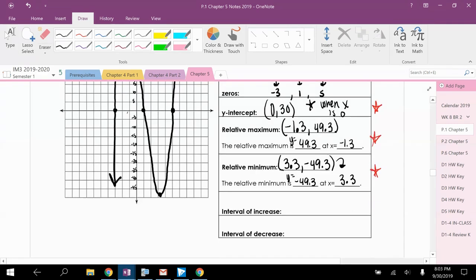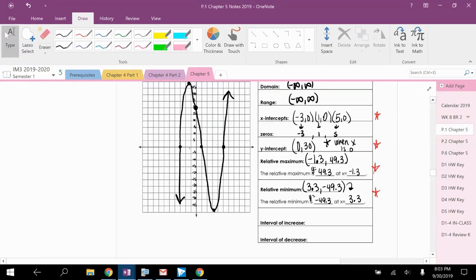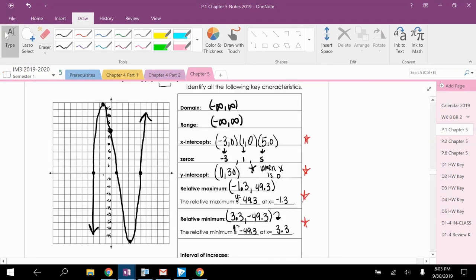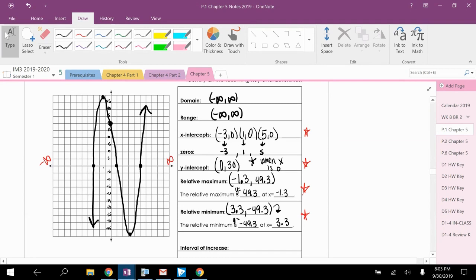Okay, last part, interval of increase and decrease. So put in your negative infinity because you're going to go forever left and forever right, because we're only using x values here. Now, what I like to do is draw in this dotted line because I know it's going to be like a barrier for interval of increase and decrease. So my relative max had an x value of negative 1.3.